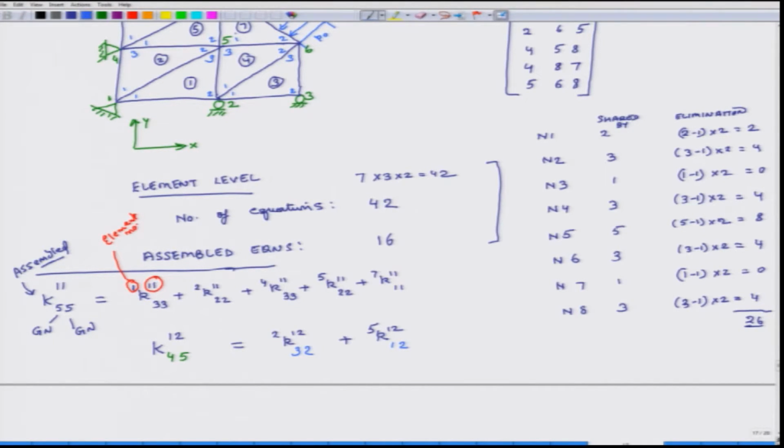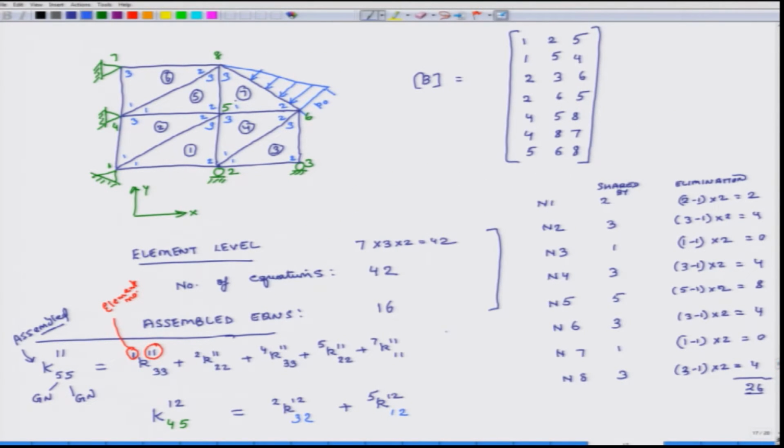Okay. So, again the process of assembly does not change fundamentally. The only additional thing is that we have this extra superscript and we have to track it, otherwise everything else remains same.